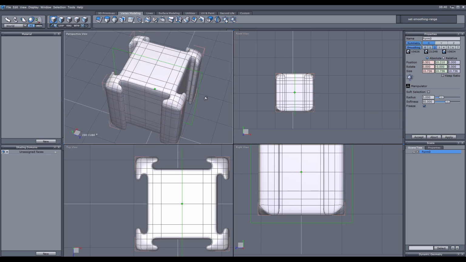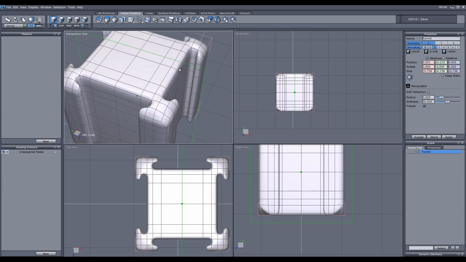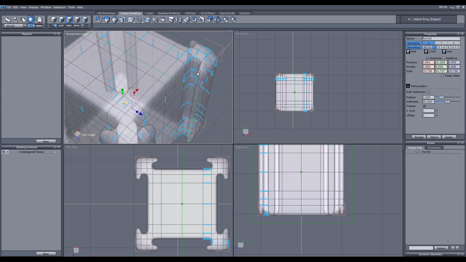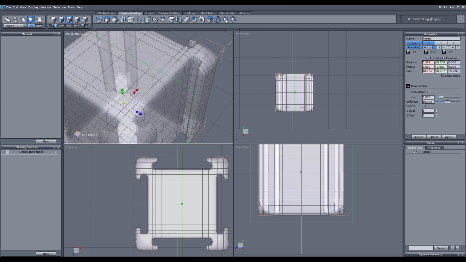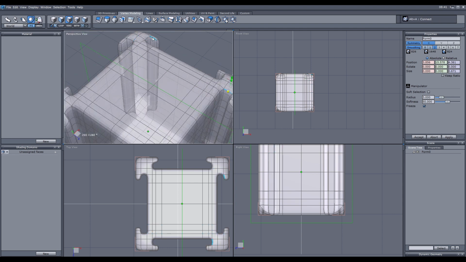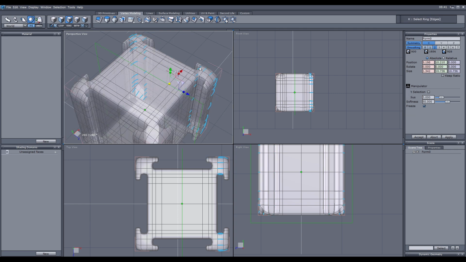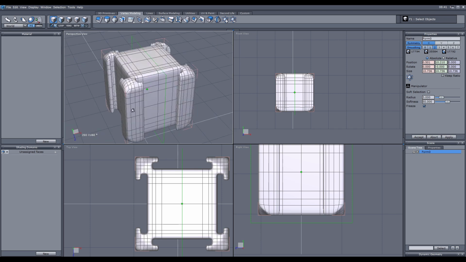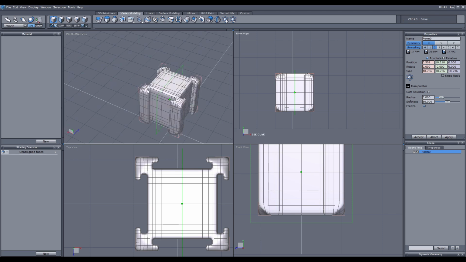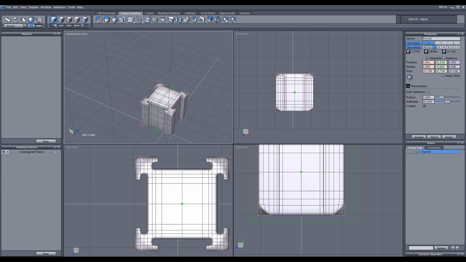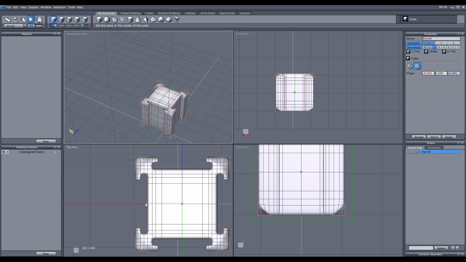Here's the first smooth version, and one thing that I saw immediately was that the slots where the die would grab into were really round. So I had to make sure that they are fixed. I increased the amount of faces again, and this is what I ended up with.